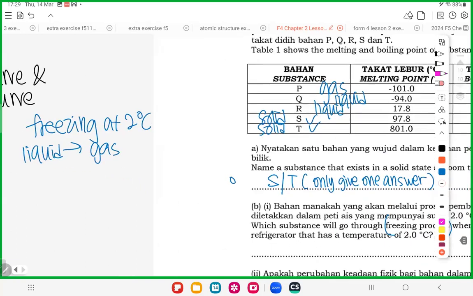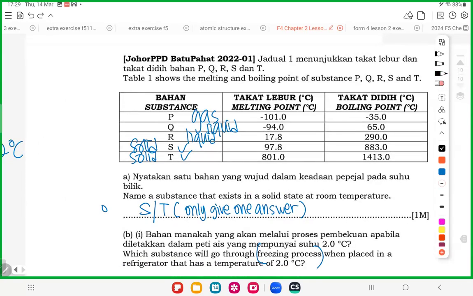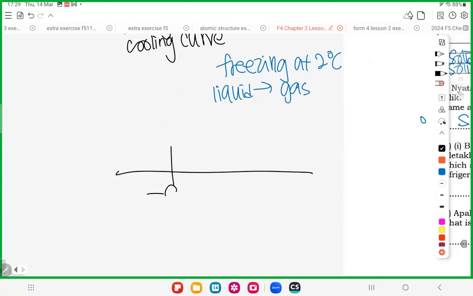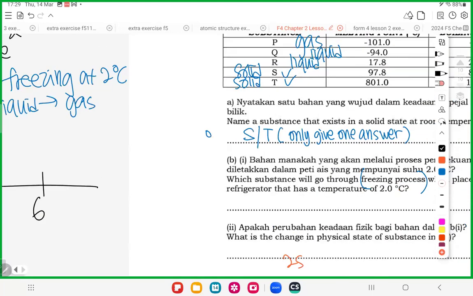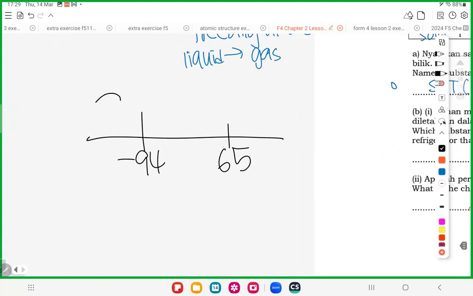Let's draw the 3 lines method. Melting point, negative 94. Boiling point, 65. So negative 94 is your melting point, and 65 is your boiling point. This is solid, this is liquid, and this is gas.